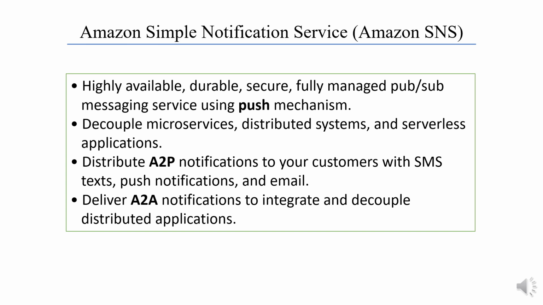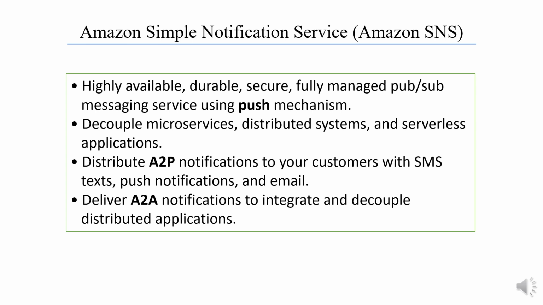Amazon Simple Notification Service, Amazon SNS, is a highly available, durable, secure, and fully managed pub/sub messaging service. Using Amazon SNS, you can decouple microservices, distributed systems, and serverless applications. Amazon SNS makes it easy to set up, operate, and send notifications from the cloud.